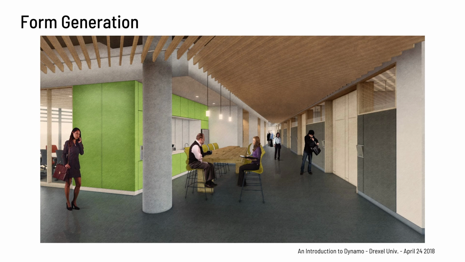This is an example that I worked on in my office, where we used Dynamo to automate making some forms that were relatively simple, but in the aggregate fairly complex. In this case, we're using it to create that baffled ceiling.